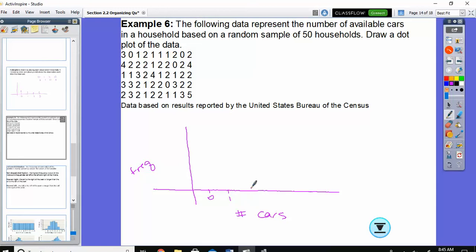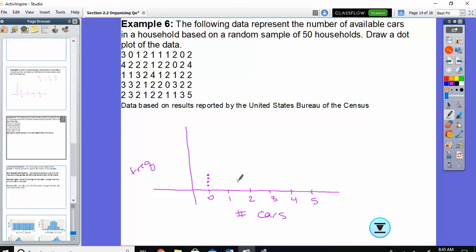Our options were 0, 1, 2, 3, 4, and 5. We could go back through and count them all, but we've already done that. How many times did 0 show up? 4. So you just do 4 dots there.